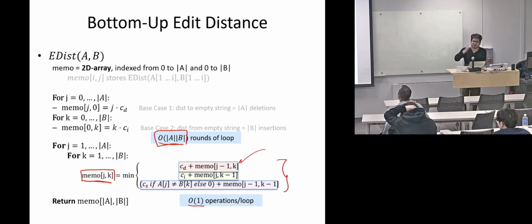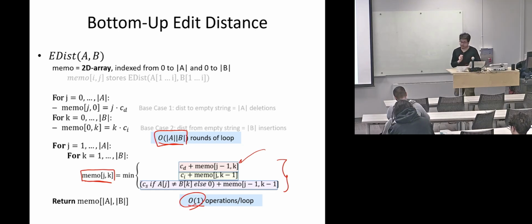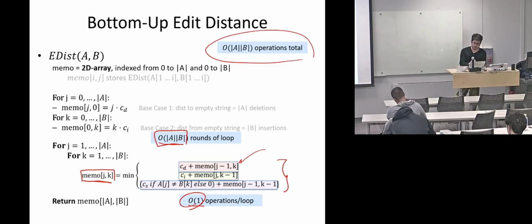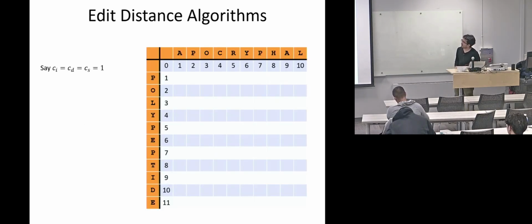Each of the numbers you have computed before, no recursion. So that takes order 1 operations. So the total time is just A times B.